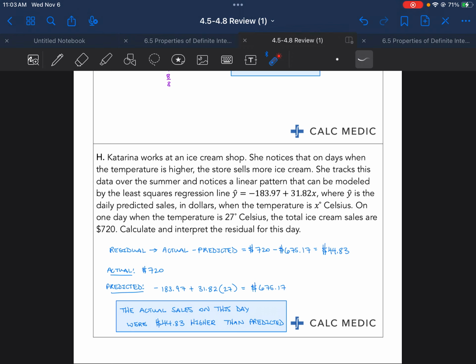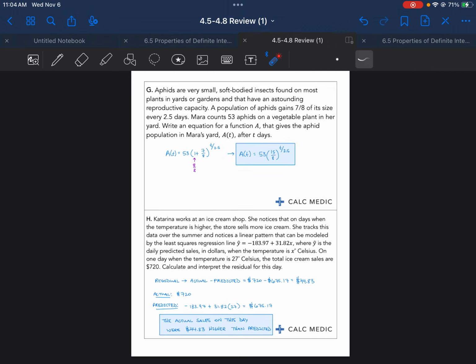Go ahead and subtract those two, actual minus predicted. This gives you $44.83. So what this means is that the actual sales on this day where the temperature was 27 degrees Celsius, the actual sales were $44.83 higher than the predicted sales from the model.